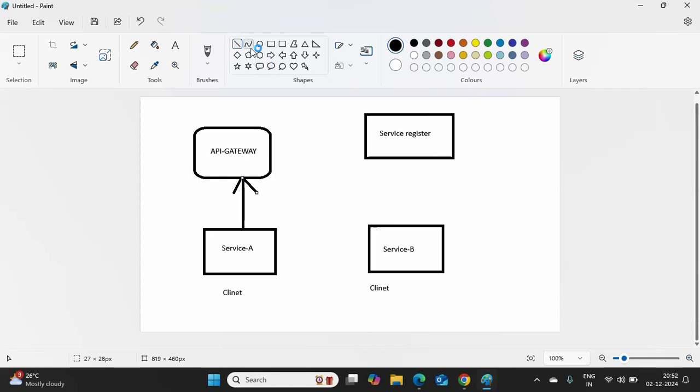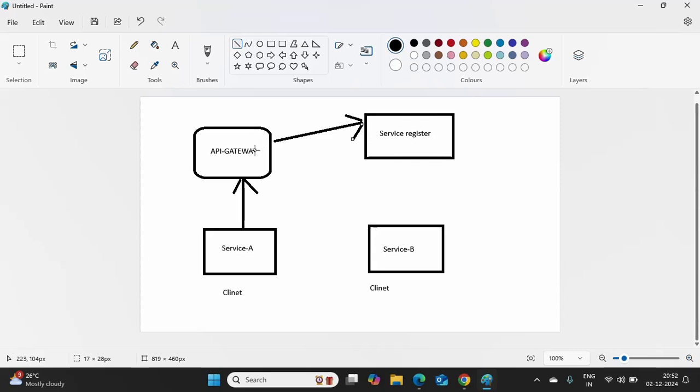Then the gateway will get all the information of the other services from the service registry. So service A wants to talk to service B, then service A forwards the request to the gateway, and the gateway will get service B's information from the service registry.